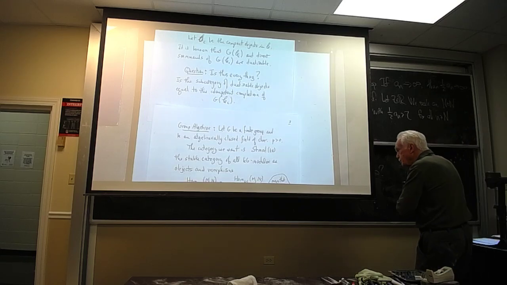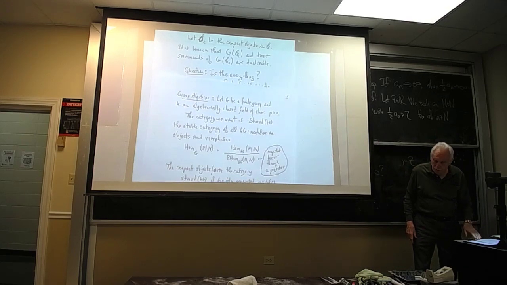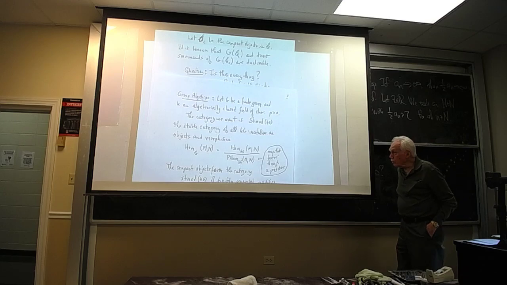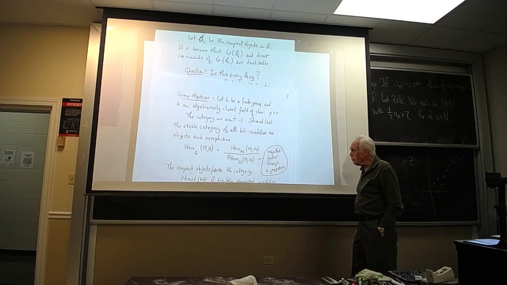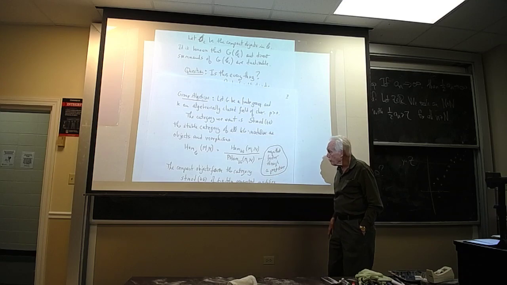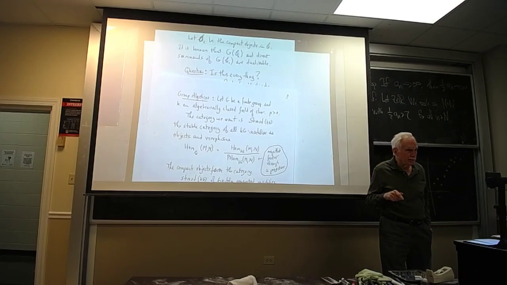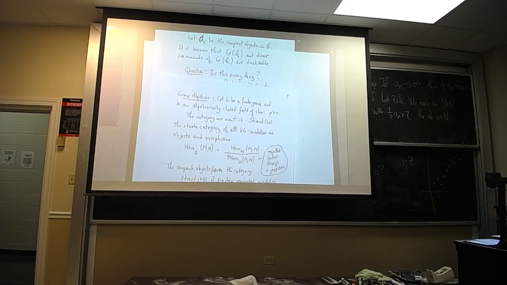The morphisms are given by, well, what do you want to do? We want to factor out projective modules is what it amounts to. And so the way you do this is you take the morphisms from M to N and you factor out those that factor through a projective module. Now, if you've got a projective module, the zero morphism will factor through it.